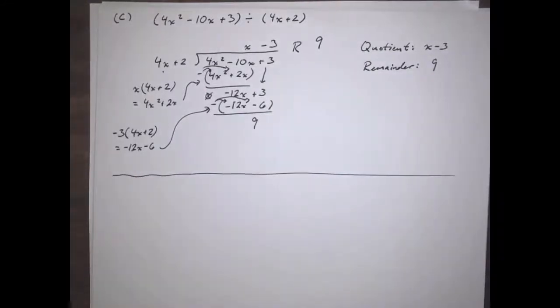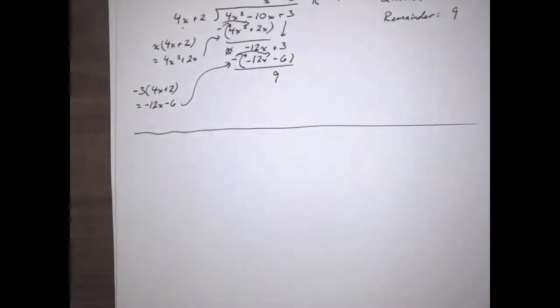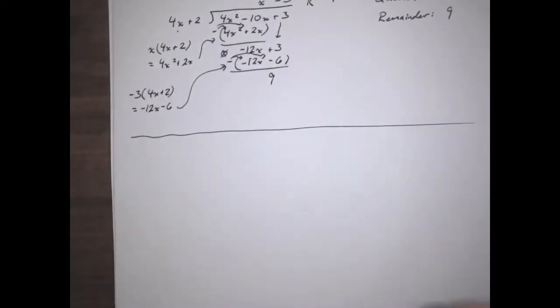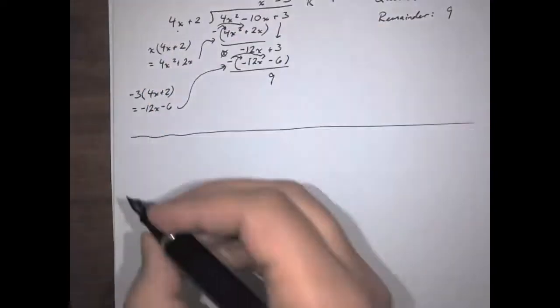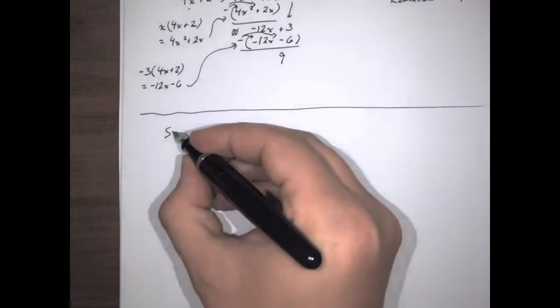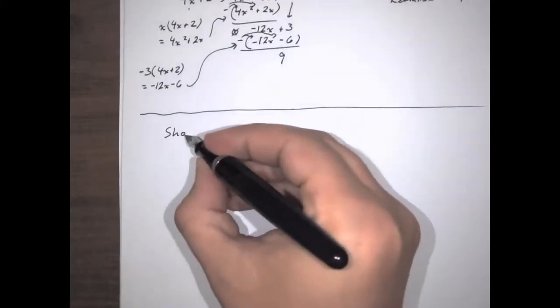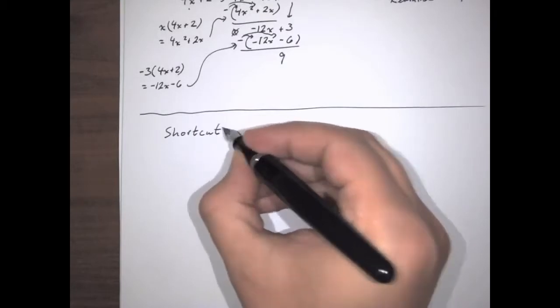Now this process, it works. It's okay once you get used to it. However, it's a bit tedious and it involves a lot of unnecessary writing. We can make a streamlined shortcut for it for certain specific cases, and that shortcut is called synthetic division. So shortcut.